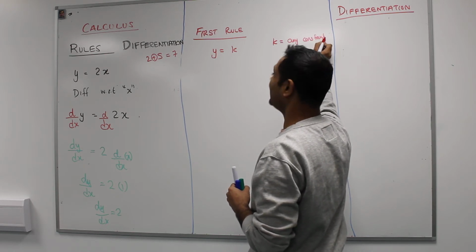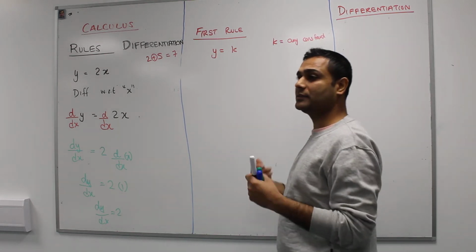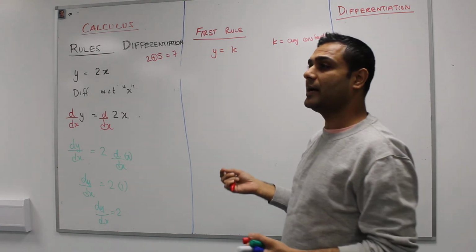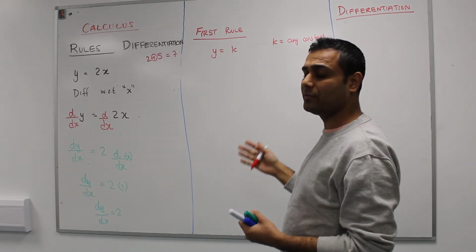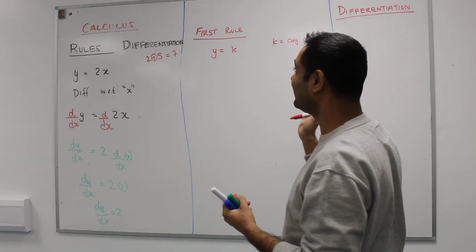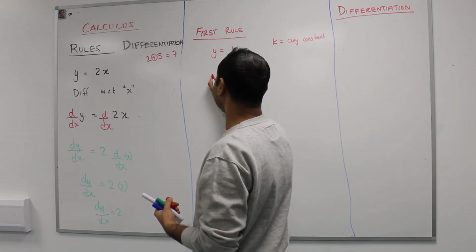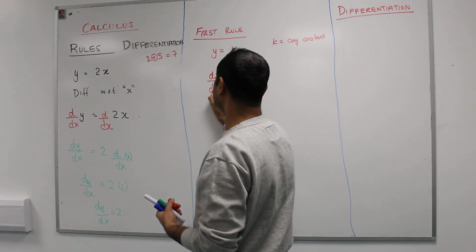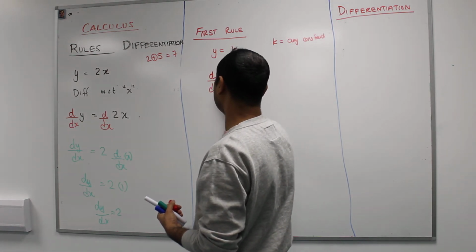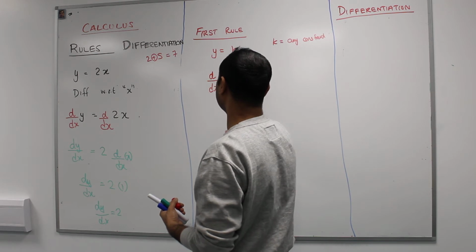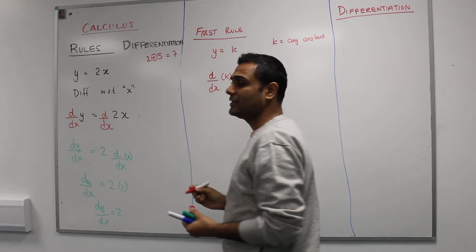When I say constant, it has a value from minus infinity to infinity. Minus 9.8, minus 70, 3 over 5, 3 over 9, 1.5, 90, 80, whatever. And I want to differentiate that one. Remember, d over dx of k, of the constant, is always 0.